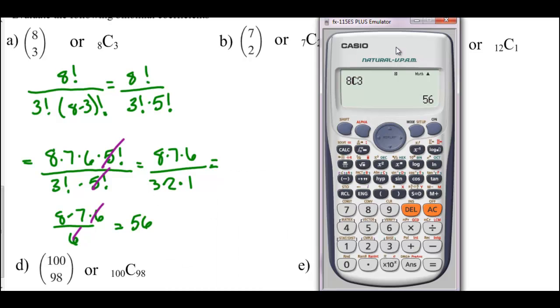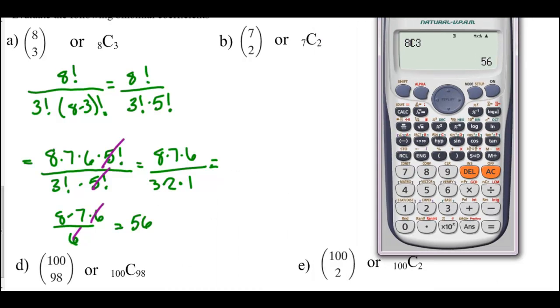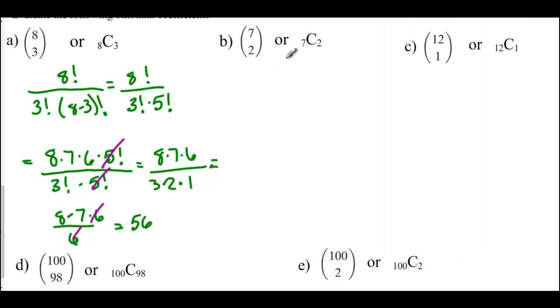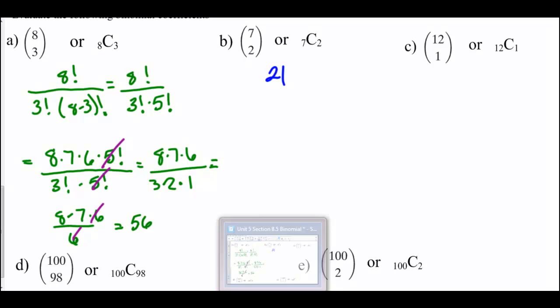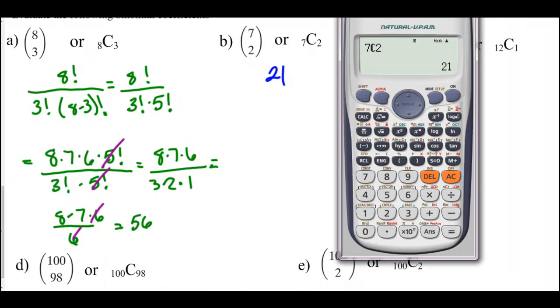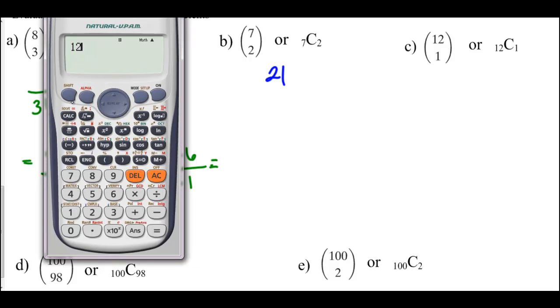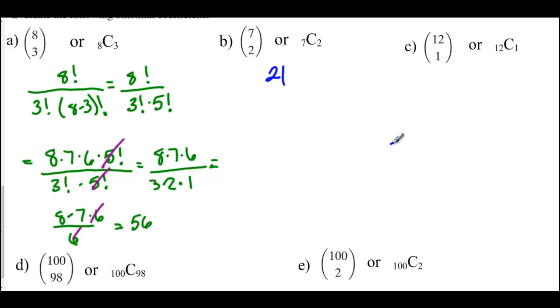All right, so let's talk about these guys real quick. For the 7 choose 2, hopefully you did the 7, shift divide, 2, and got 21. Everybody get 21? Yeah. All right, super. Then we have 12 choose 1. So we're going to have 12, and then shift divide, choose 1, and we're going to get 12. Is that okay?